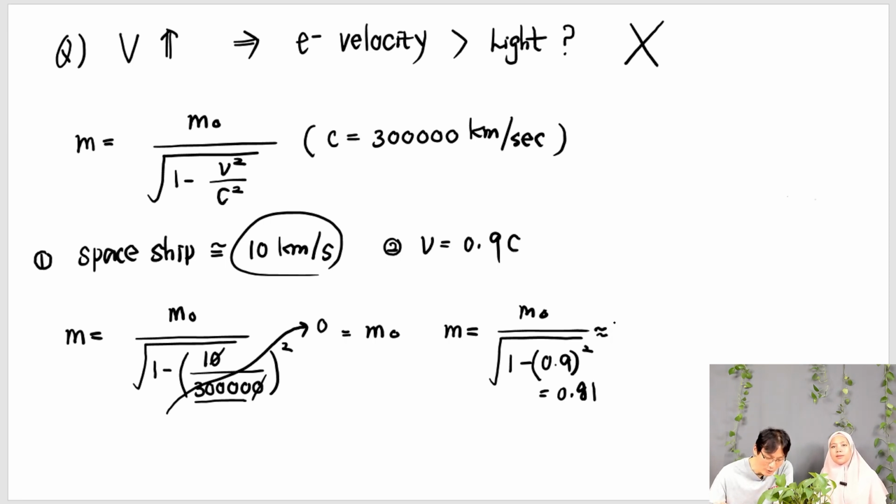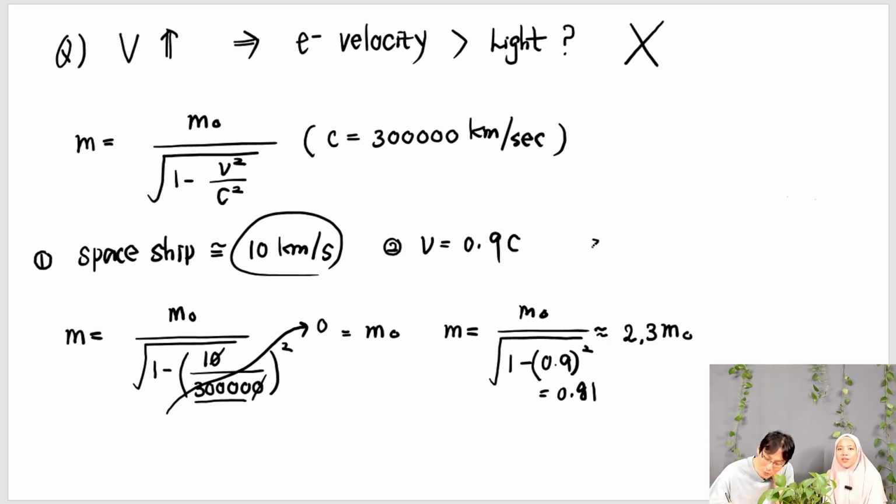So approximate calculation, this value should be 2.3 m0. The mass increases. So although speed of electron will increase significantly, it's impossible to exceed the speed of light because its mass will also increase gigantically.